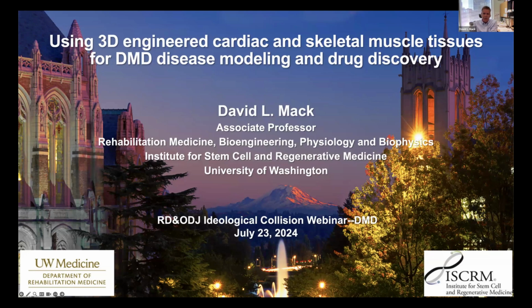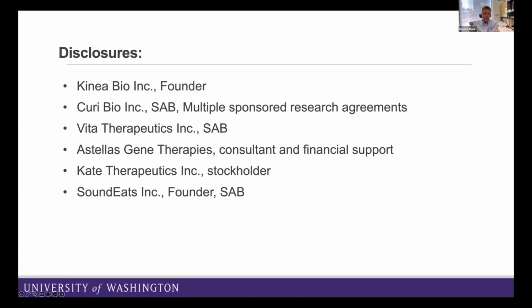So the data I'll show today is based on our modeling of the cardiomyopathy associated with Duchenne muscular dystrophy and the skeletal muscle defects. But just keep in mind that the platform that I'll be presenting can be applied to any neuromuscular disease. So here are my disclosures.